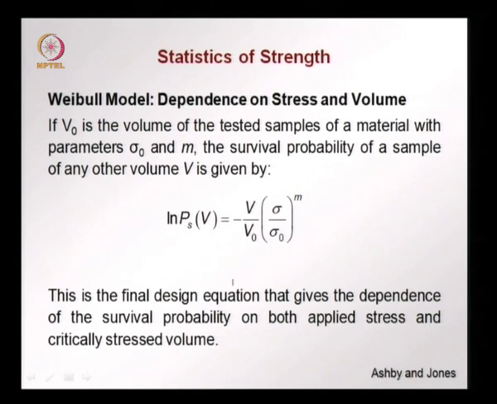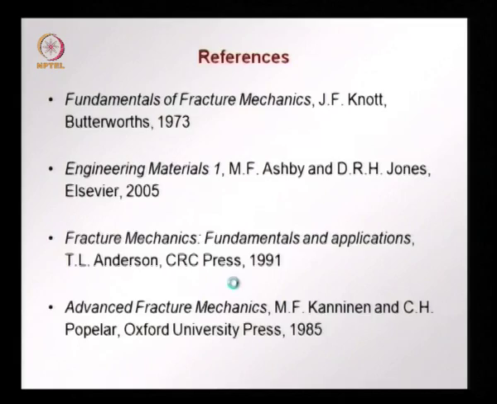So this is now the final design equation that gives both the effects of applied stress and critically stressed volume on the survival probability, and this can now be used to compare different materials and find out what would be an acceptable stress value for a specimen having a certain volume or critically stressed volume, knowing the stress that is applied on it.